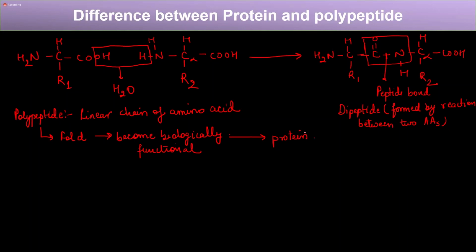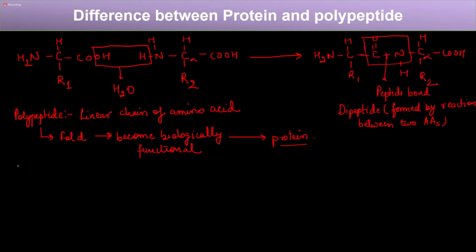So this is the difference between protein and polypeptide. Polypeptide is a linear chain of amino acids, while a protein is formed when a polypeptide chain folds and becomes functionally or biologically functional. This is the difference between polypeptide and protein.